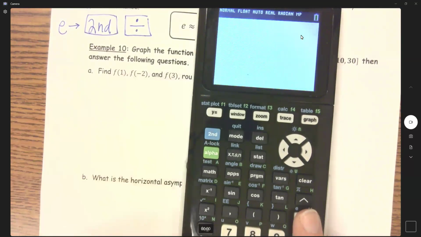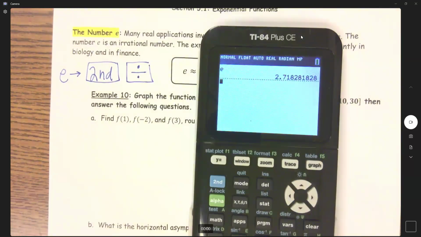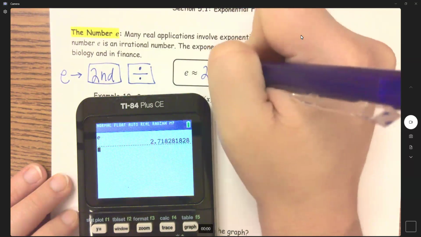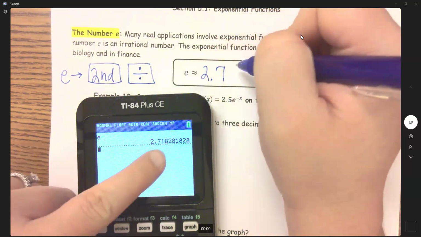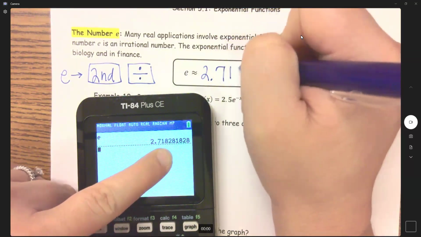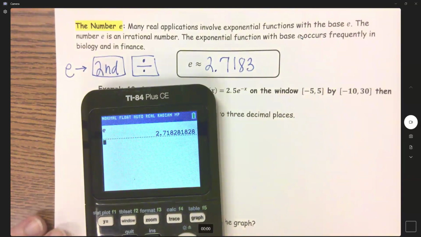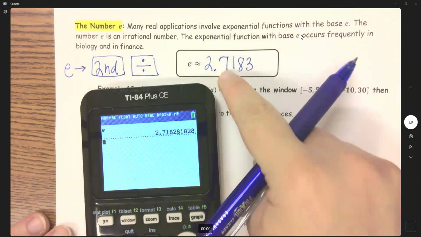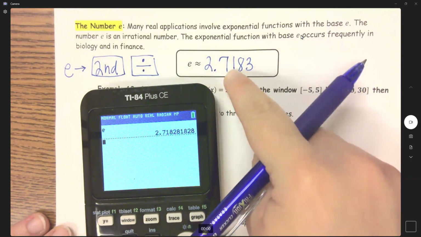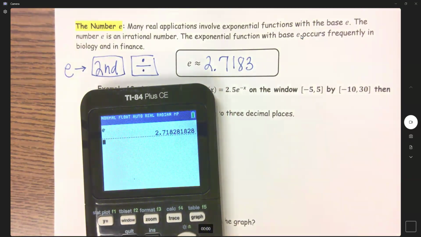So if I hit second, divide, and hit enter, here's what e roughly is: 2.7183. But a lot of times we just call e 2.72 since that 8 will make that 1 go up. So roughly 2.72.